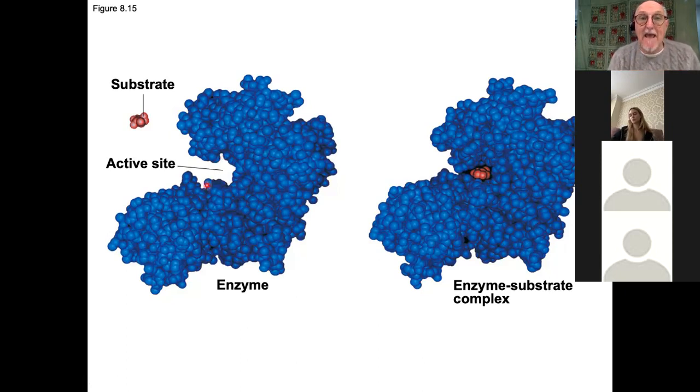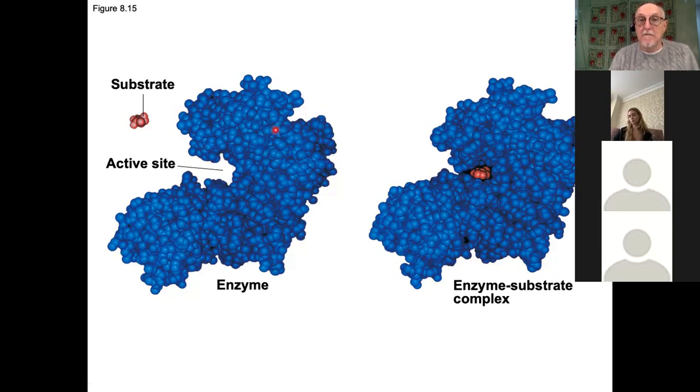It takes place here in the active site, but remember that some enzymes have another site, the allosteric site, which is a control site that can switch the enzyme on and off, depending on what binds at the allosteric site.